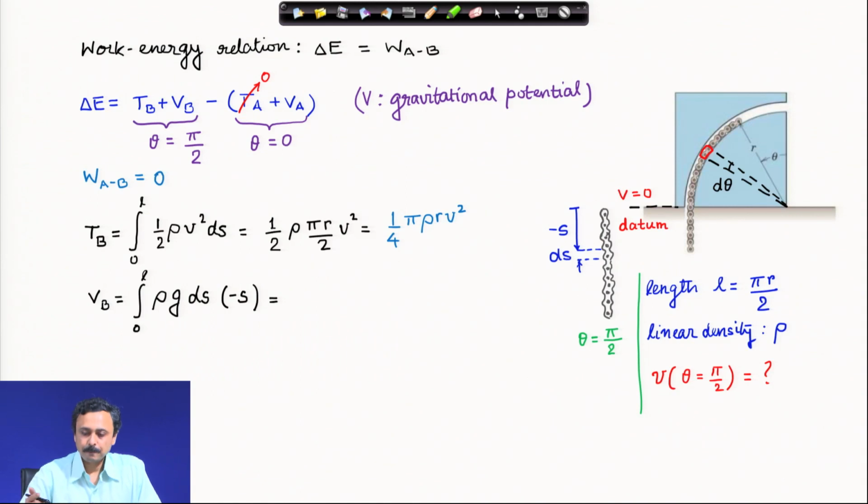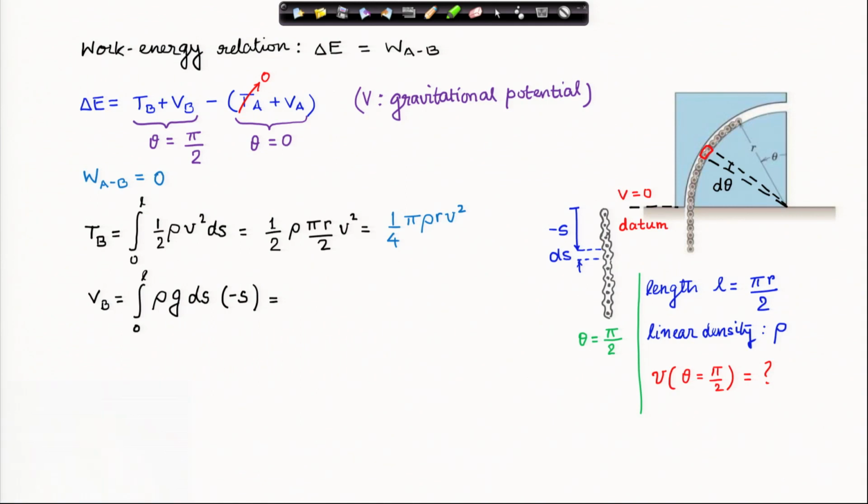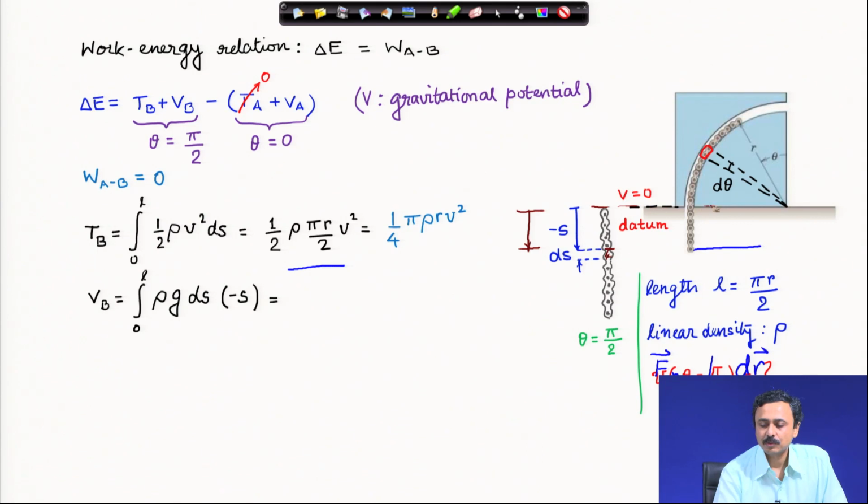Potential energy at position B. Again, imagine this little element which is at the depth d minus s from the datum. I have taken this horizontal line as the datum where V is 0, and to calculate the potential energy of this little element which I have shaded, I have to look at the displacement from the datum, and mgy as you know.